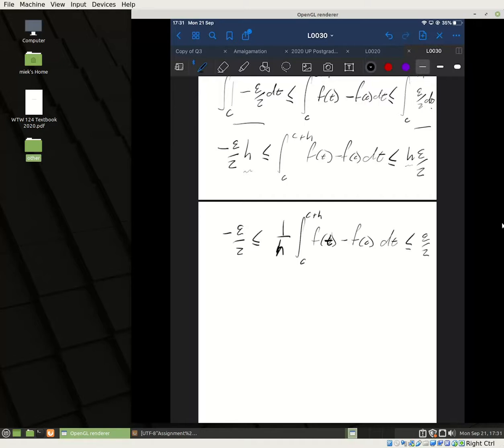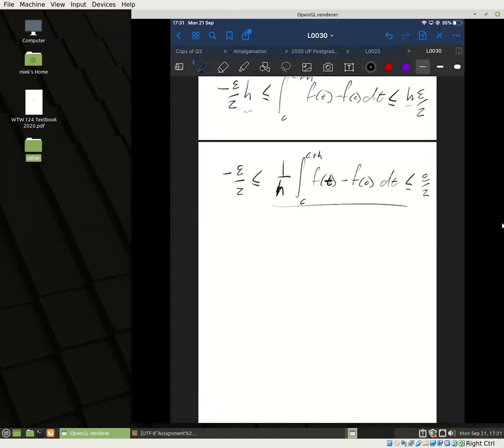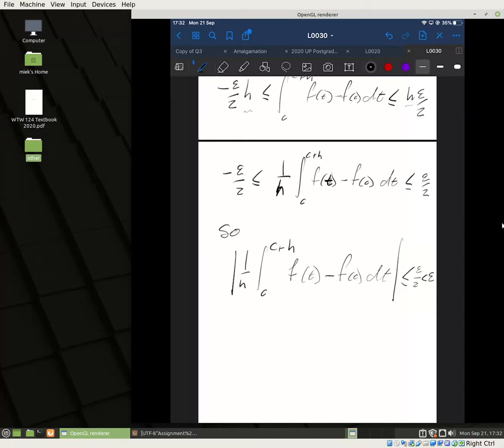So all we did there was divide everywhere by h. Okay, but now we see this expression is between minus epsilon over 2 and plus epsilon over 2. So the absolute value is less than epsilon over 2. So the absolute value of 1 over h times the integral from c to c plus h of f of t minus f of c dt is less than or equal to epsilon over 2, which is less than epsilon.